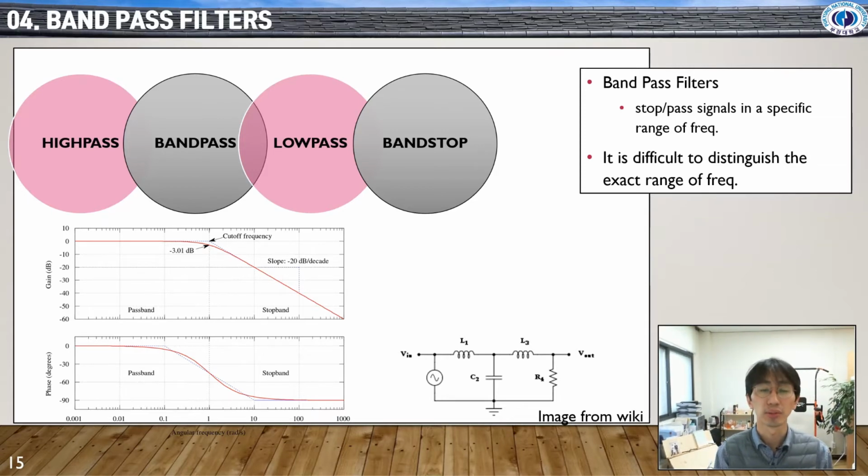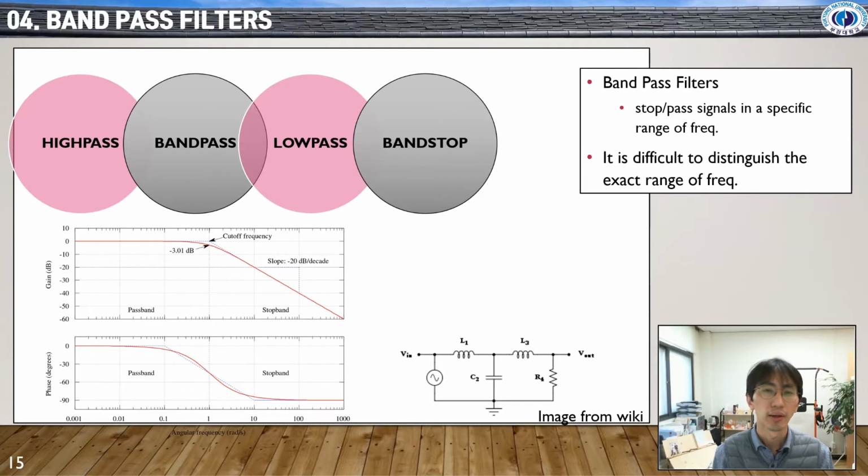The band pass filter is used when we want to get a specific band of frequency signals. And the band stop filter is utilized when we want to filter out a specific range of frequencies.